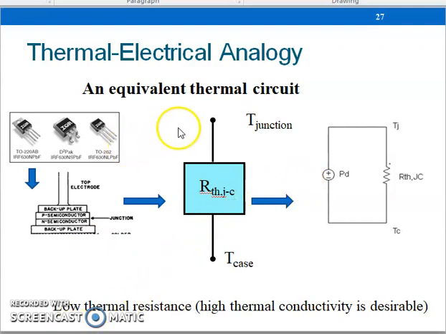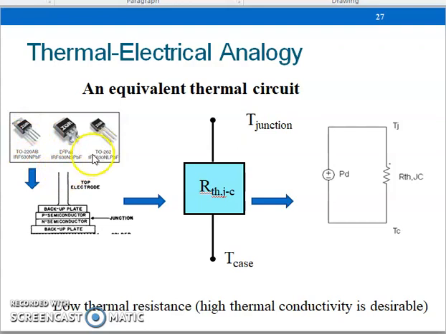So consider the device as standalone, not yet mounted on any kind of heatsink or external heat transfer or heat exchanger structure.